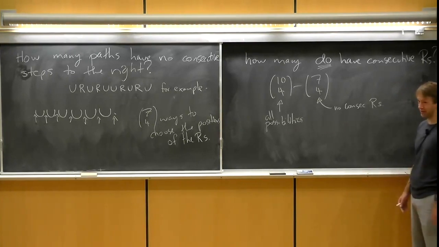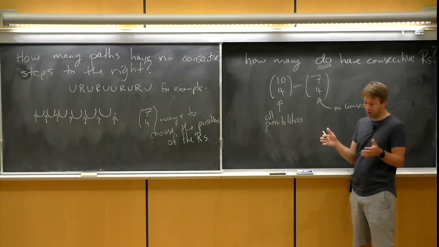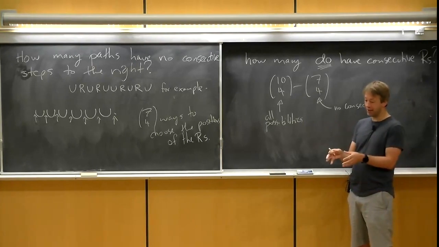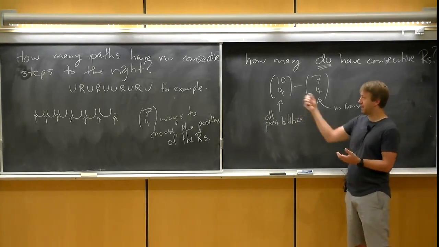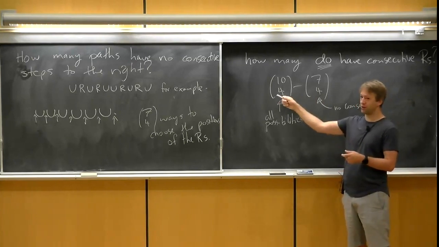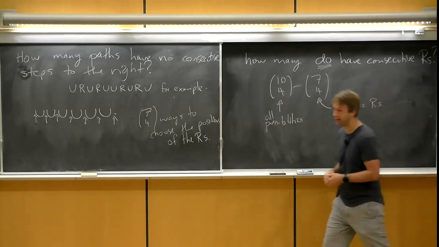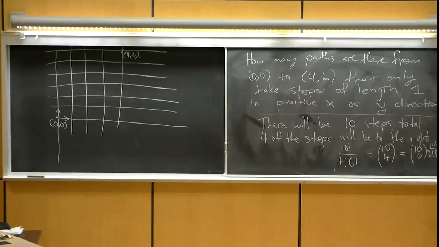It is possible eventually to get the answer. But if you have a problem where you think this is going to be really complicated, the trick might be to just count the complement. I just take the total and subtract the ones I don't want to count.